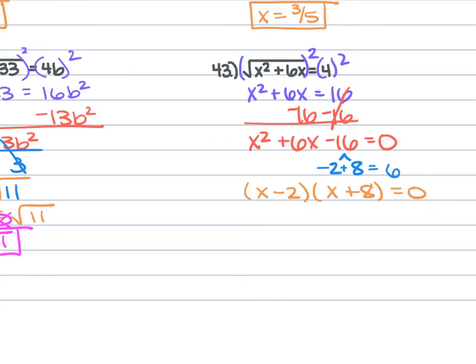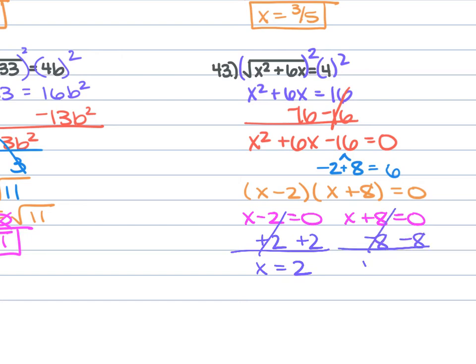We set both of these equal to 0, so x minus 2 is equal to 0, and x plus 8 is equal to 0. We solve for x for both of these, so add the 2, we get that x is equal to 2, subtract the 8, we get x is equal to negative 8.